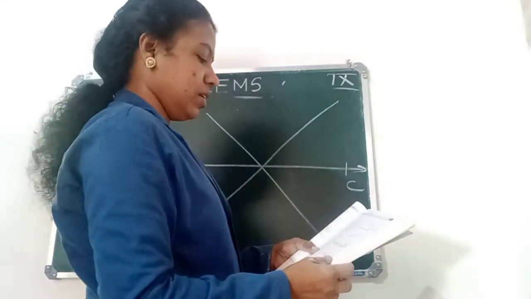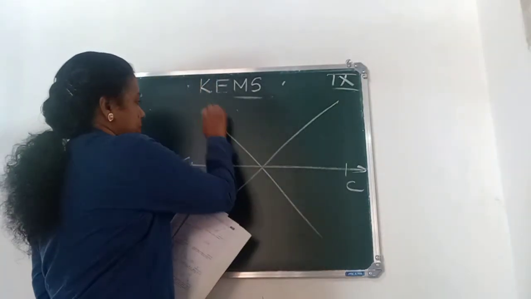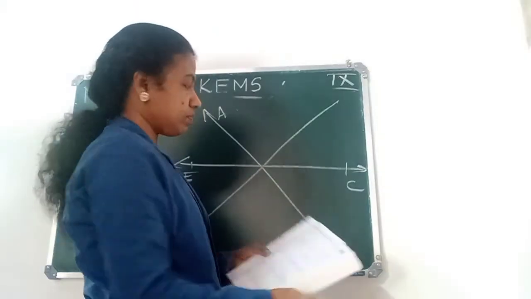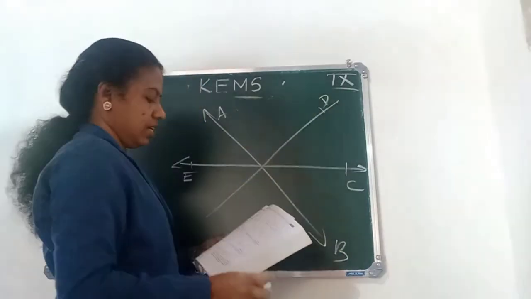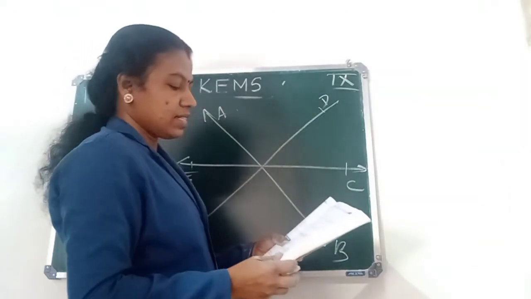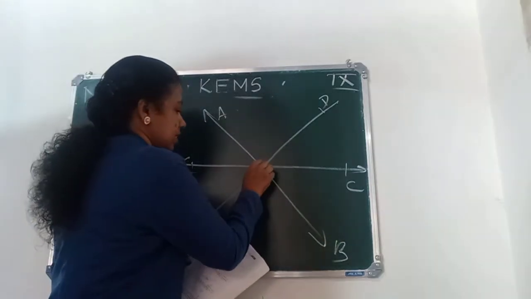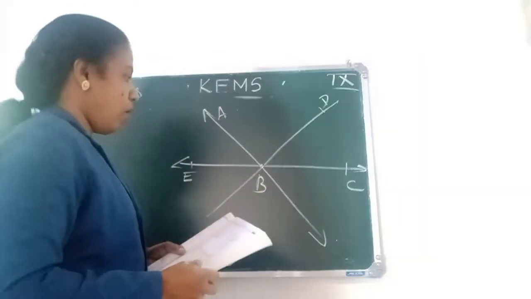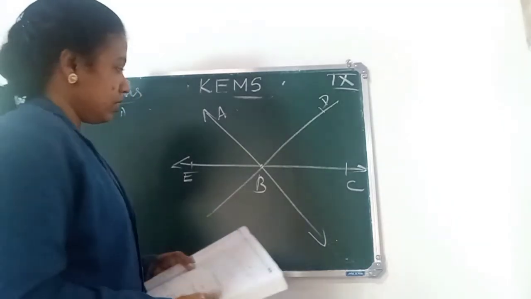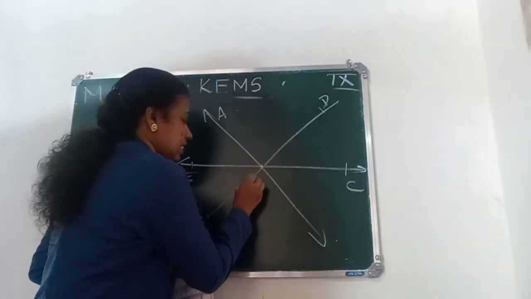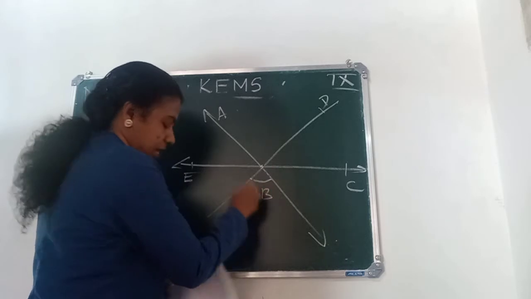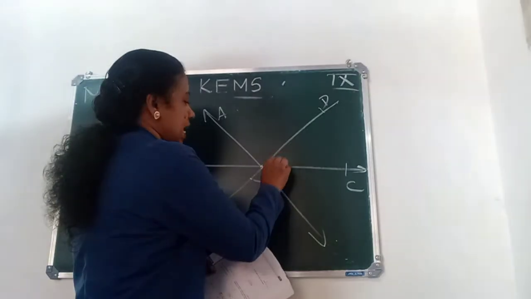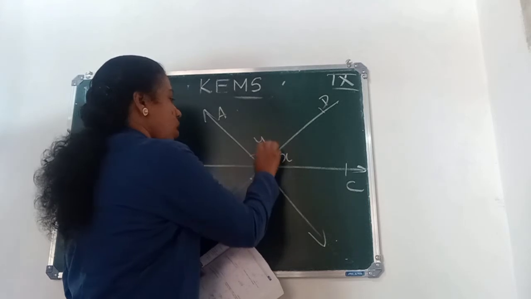Now this is AB and this is B. Here the common intersecting point is B. This angle is B. Now this is x and this is y.